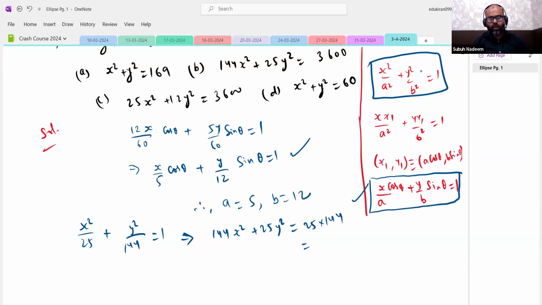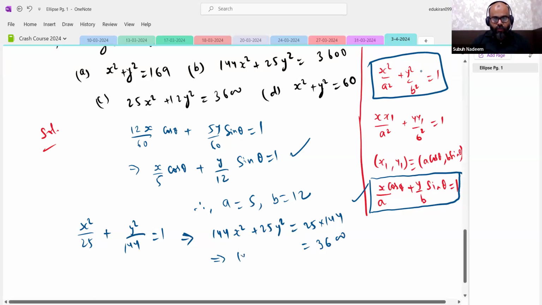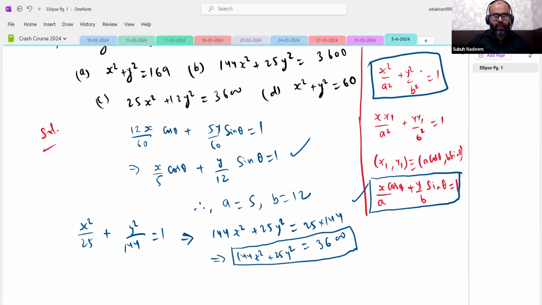It is actually 3600. So this will become 144x square plus 25y square is equal to 3600. So we will say that the correct option is option B.